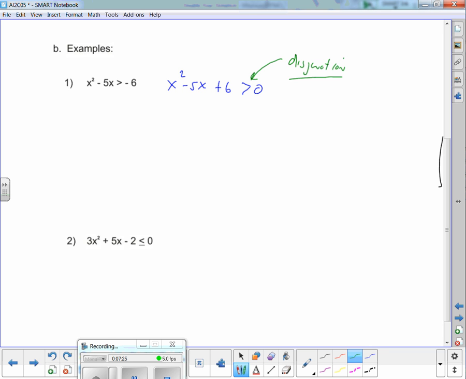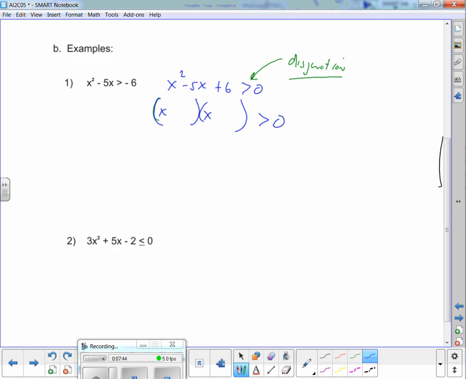We do want to factor it, though. So we'll factor it, and this can be blue here. x and x. My back term is positive and my middle term is negative, meaning I have to do a negative times a negative.